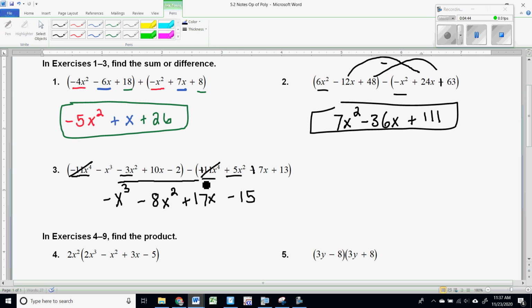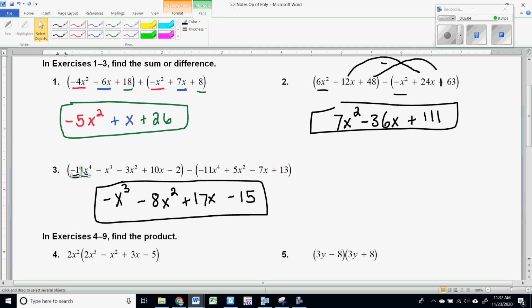So the hard part when we do these operations is adding and subtracting with these polynomials, especially when we have the difference, is just to keep track of all those things. Let me show you a trick that can help. Let me get rid of what I put on here. You have your first polynomial, and you can just get rid of the parentheses on the first one. And then on the second one, if it's a minus, just go through and change all of the signs.